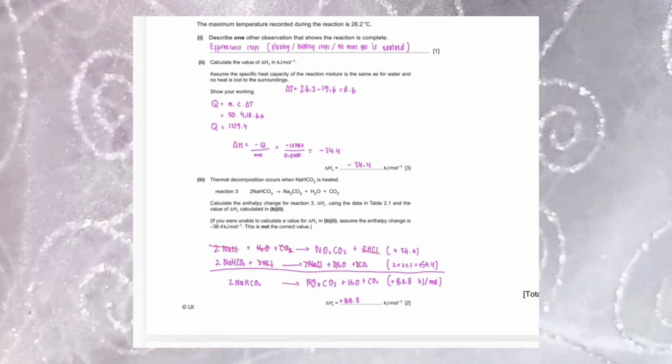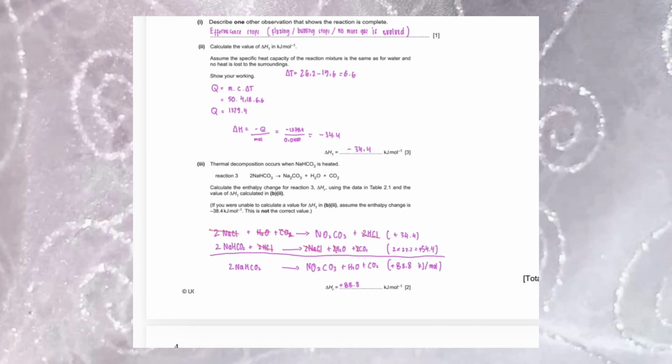And then we eliminate the species that have the same amount on both sides: 2NaCl with 2NaCl, 1 H2O with 1 H2O, 1 CO2 with 1 CO2, 2HCl with 2HCl. And the product becomes 2NaHCO3 → Na2CO3 + H2O + CO2. So we got the answer of plus 88.8 kilojoules per mole.